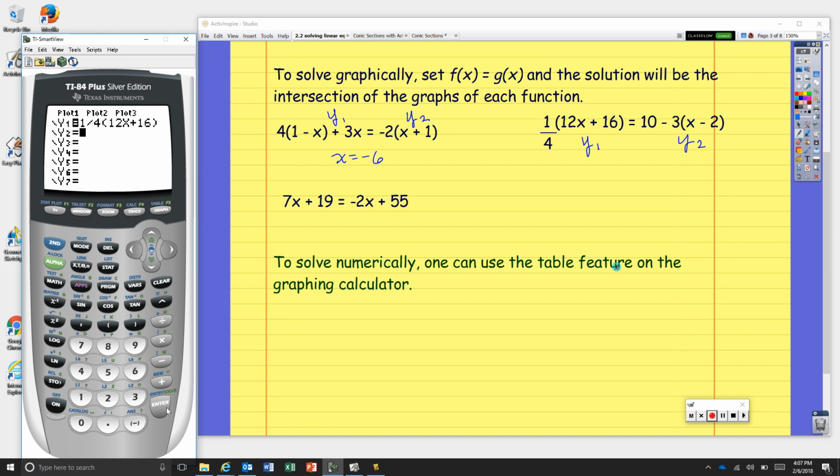And in y2, I'm going to put 10 minus 3 times parenthesis x minus 2 parenthesis. And again, I'm going to hit my graph key.